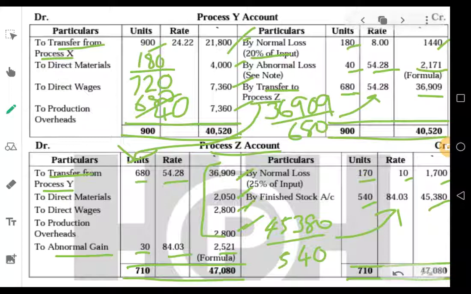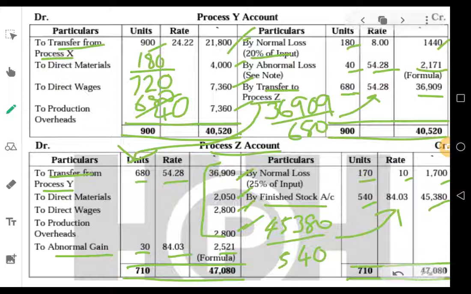This should be transferred to the finished stock account because this is the last process. Z process is the last process. There is no other process after this. Therefore, you are closing the process accounts and transferring the output to the finished stock account.